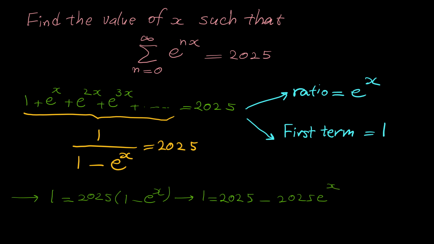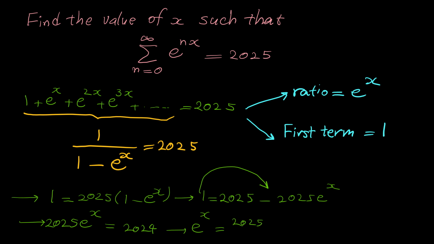To find x, we move this to the left and we move 1 to the right. So from this we have 2025 e to the x equals 2025 minus 1, 1 goes to the other side, 2024. Now, if we divide both sides by 2025, then we have e to the x is 2024 over 2025.